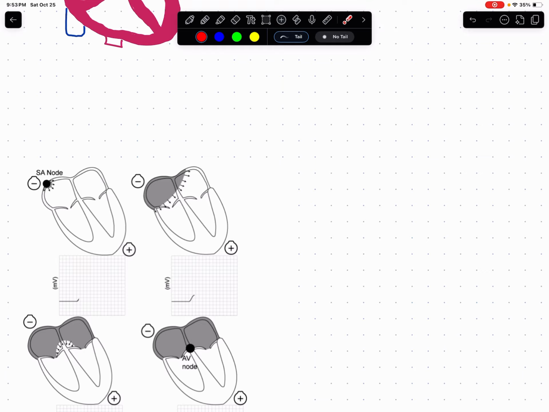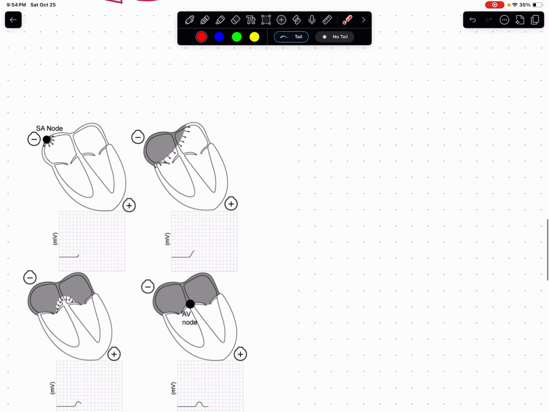It's the one I would say that's most common, and this is what you'll see on like the adrenaline graphics and stuff. So your SA node, which starts, has the fastest intrinsic rate and is the pacemaker of the heart, is going to be sending this action to.